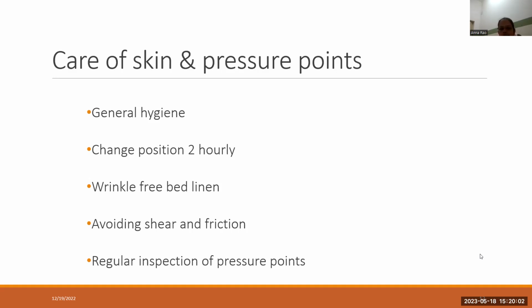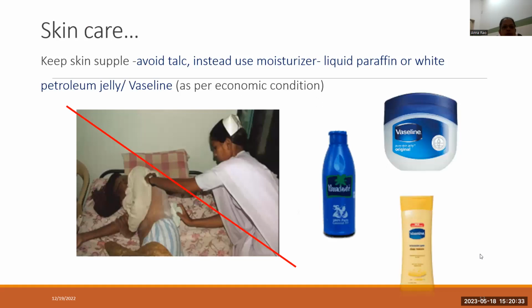How to go about it, we will see. Changing of the position. We know that every 2 hourly is a must. About the bed linen, we have to provide it free of any wrinkle and food crumbs. Then avoid any kind of friction, maybe the shear friction or just minor friction, and regular inspection of the pressure points. How to go about it, we'll see.